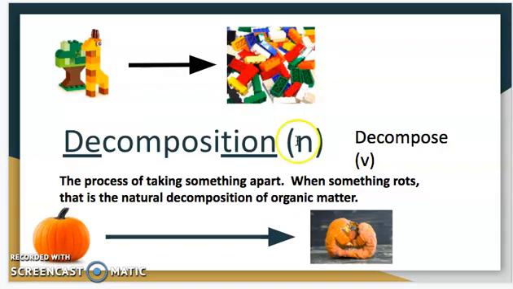That's decomposition. Also, when something rots, that's sort of nature's way of decomposing something. Let's take a look at this pumpkin. If we left this pumpkin outside, it would begin to rot or decompose.